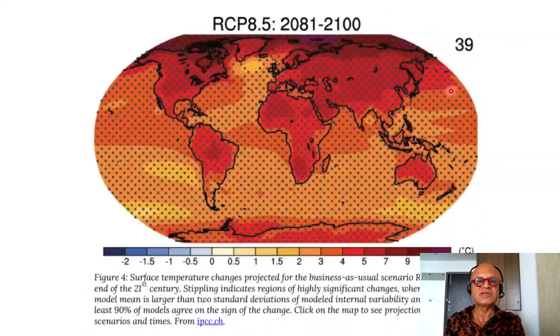So here is a good example of how the projection looks for the last 2 decades of this 21st century from RCP 8.5. You expect polar amplification to be pretty massive by then because it's already here and quite large. So this is going in the range of 10 to 12 degrees, which would take us back to almost 65 million years ago in terms of temperature levels and CO2 levels, when the dinosaurs were wandering around the planet.